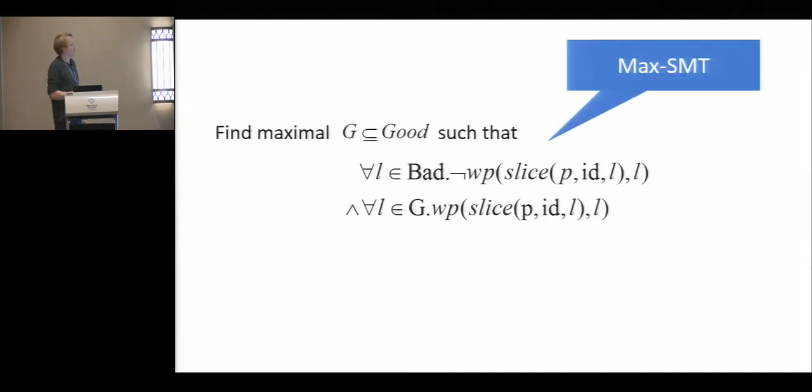Now this ends up being a MaxSMT problem, and these are very, very large constraints. So you can have a look in the paper. We have a neat way of dealing with this problem that actually makes it tractable in most cases, but I'm not going to talk about this during the presentation.